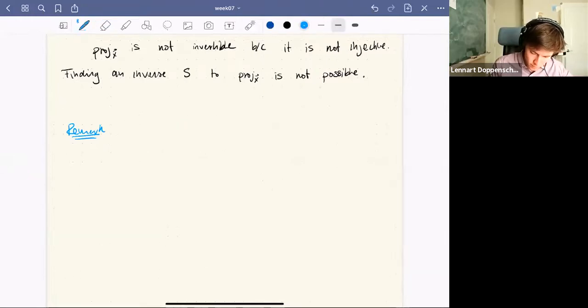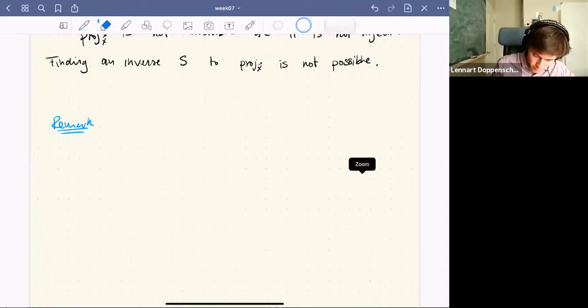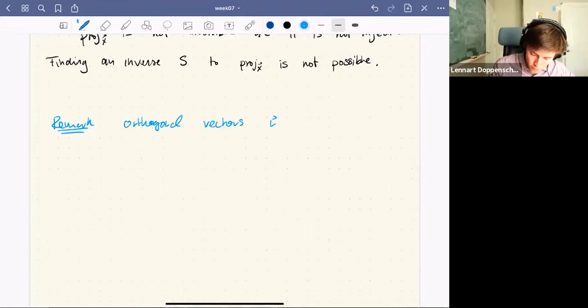Let's call them just orthogonal vectors. Orthogonal vectors u to x. Well, I can make this precise.